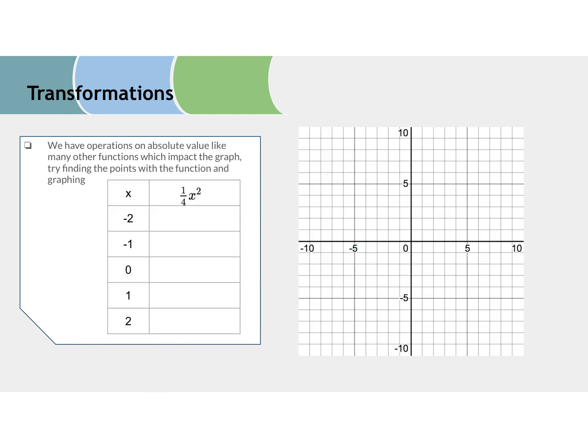Now we have a 1/4 factor in front. What this is going to do is what we call a vertical stretch or shrink. It's called a shrink if the number you're multiplying is less than 1. So for example, I have everything multiplied by 1/4.